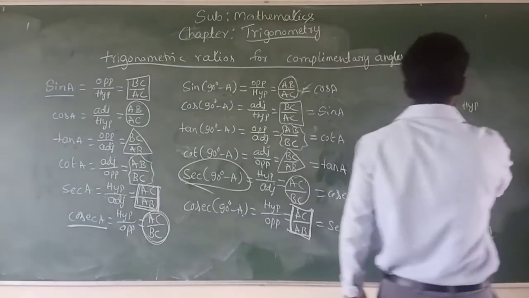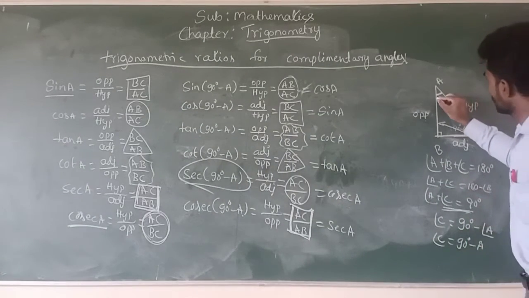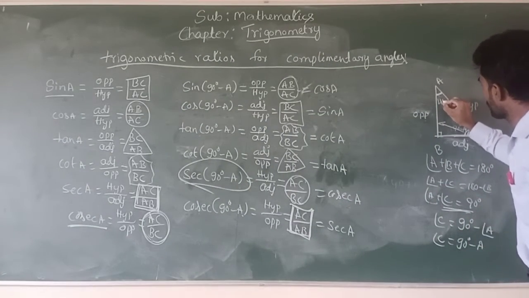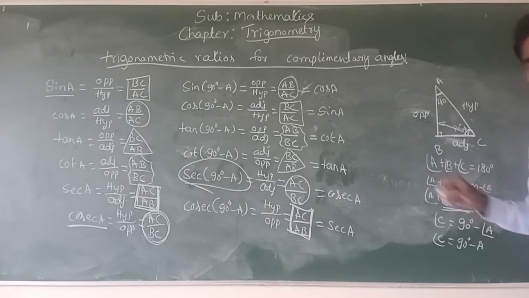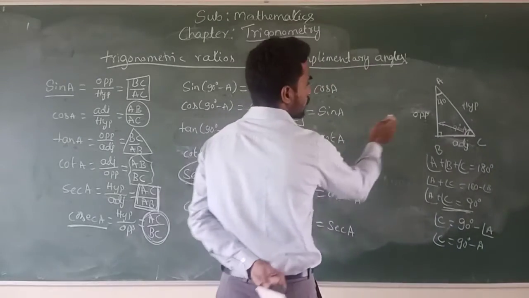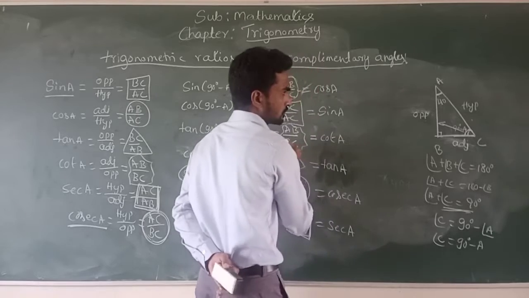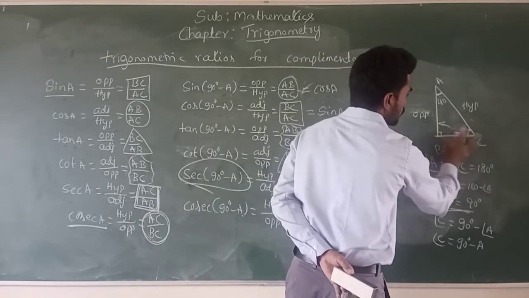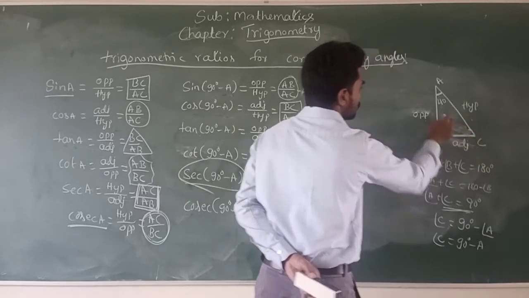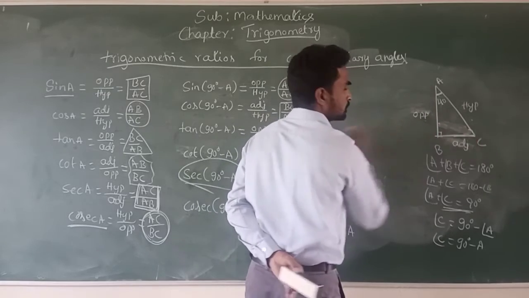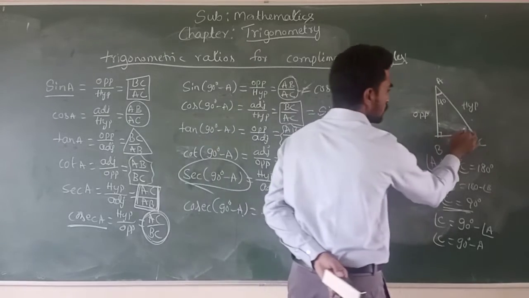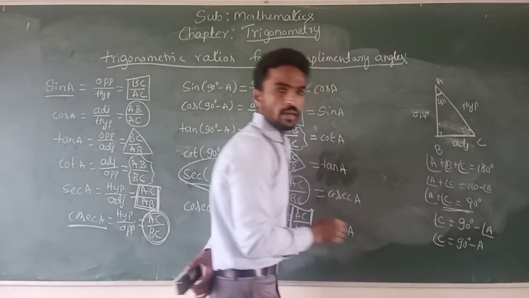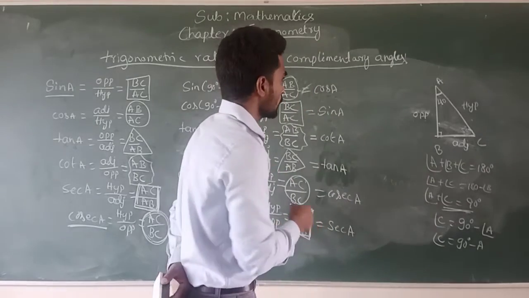For example, here angle A is equal to 40 degree. Then what about this angle C? This is 50 degree by using the angle sum property.